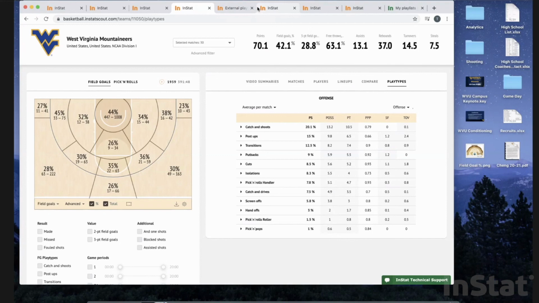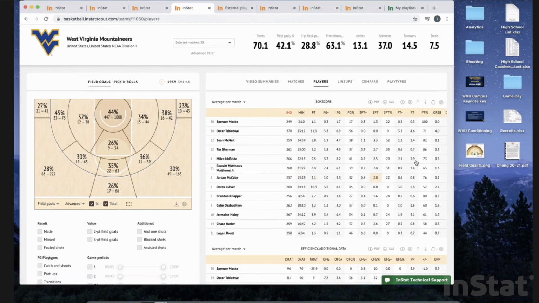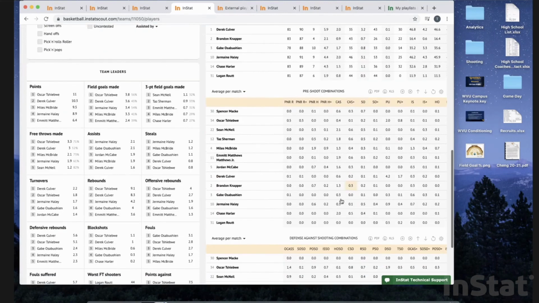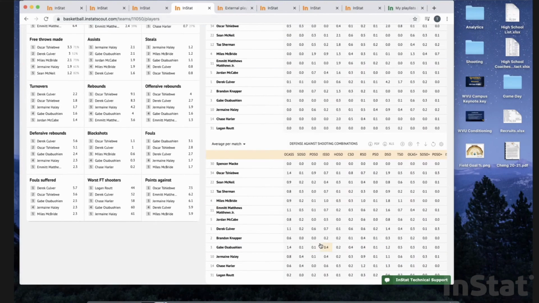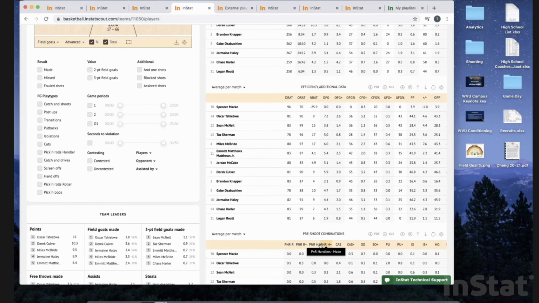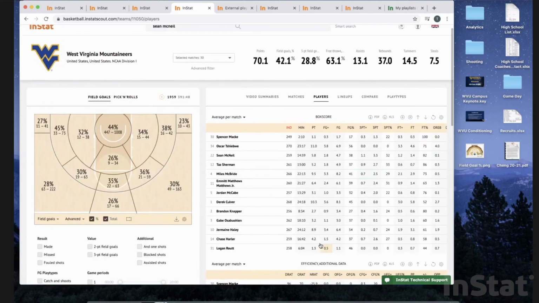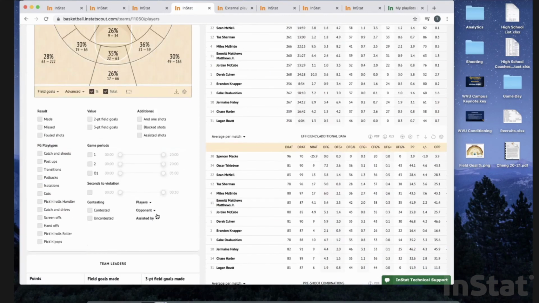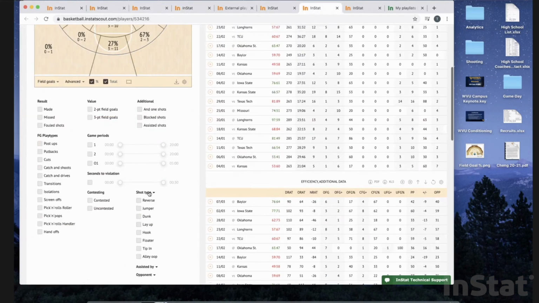This breaks it down where if you even just look at the players tab, it has the box score, then it has your efficiency data, then it has your shooting combinations, and then it has your defense. All of a sudden it's broken down so much more, where I don't have to necessarily be searching for a number. One thing that we looked at was how many dunks did Azubuike get? And that's just as simple as clicking shot type, which is on a player one, not a team one, and then clicking dunks.